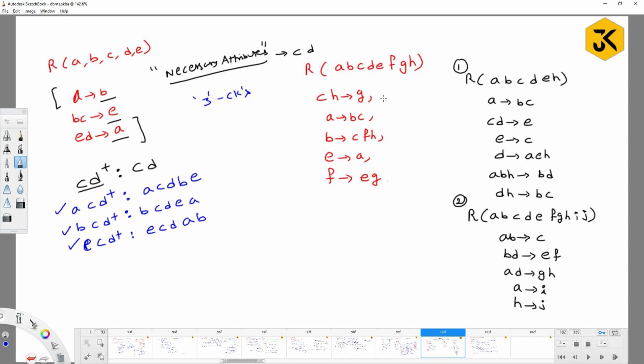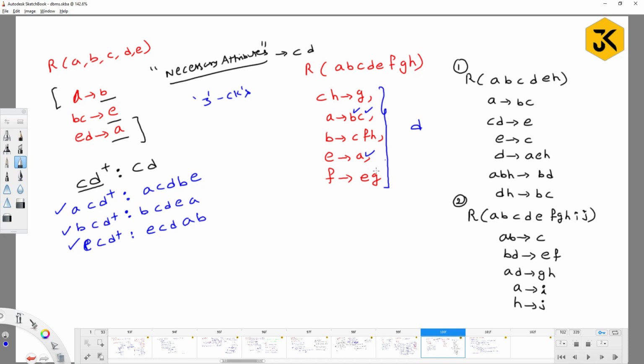When you get a question like this, you have to solve for the necessary attributes first. The necessary attributes are the ones which are not available on the right side. If they are not available on the right side, they should be a compulsory part of the candidate key. A is there, B, C are there, D is not available, so I must include it in the candidate key.